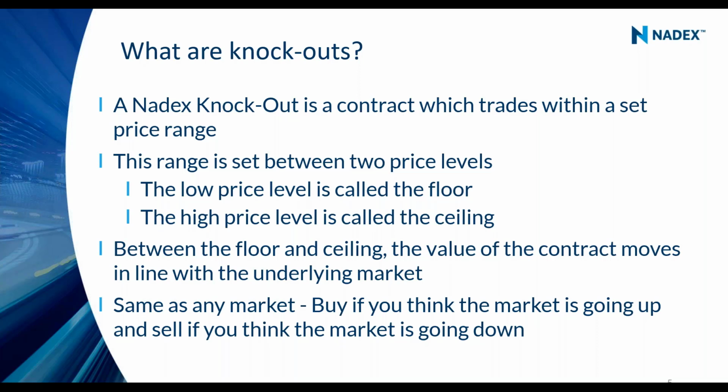So if I think gold were going to go lower, I can take a bearish position by selling a knockout. I am predicting that the price of gold were going to go lower. If I thought the price of gold were going to go higher, I could buy it. So you can buy or sell a knockout, and what you're trading is the actual price of the underlying. Okay? Very intuitive, very straightforward.